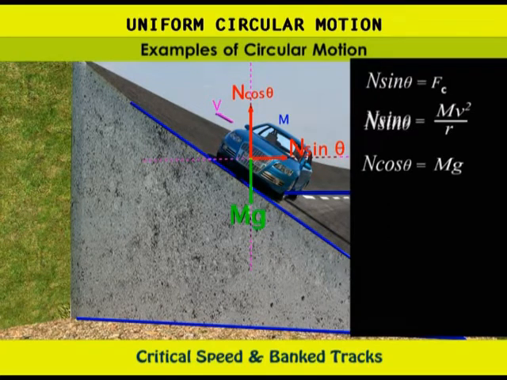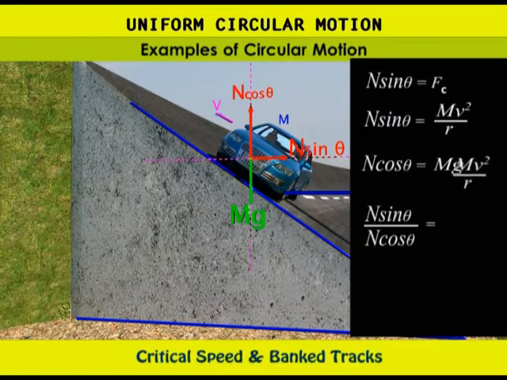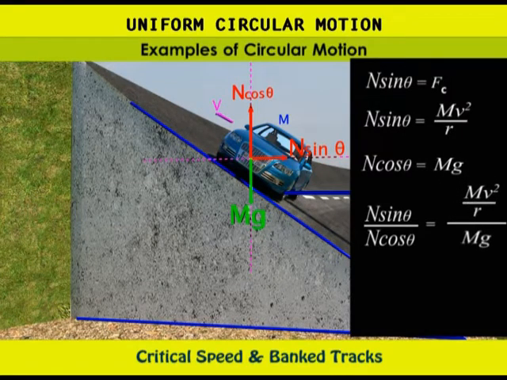From these equations, N sin theta divided by N cos theta will be equal to mv squared over r divided by mg, and that is equal to mv squared over mrg. The m's cancel out here and the N's cancel out on the other side.